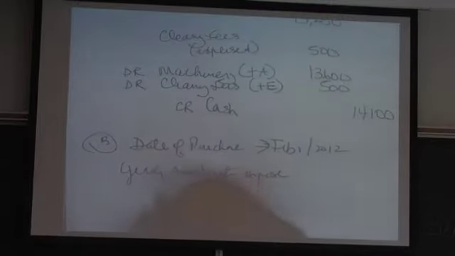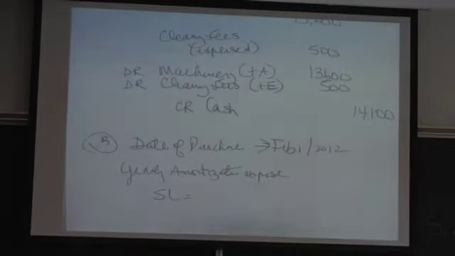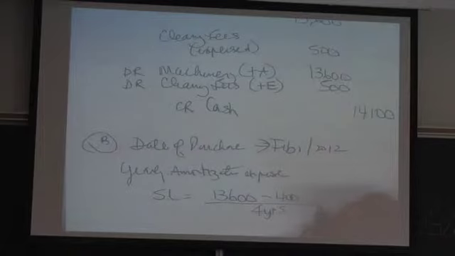They're going to use straight line. So we take the cost of the equipment, $13,600, subtract the residual value of 400, divided by the useful life of 4 years, to give us 3,300 per year.